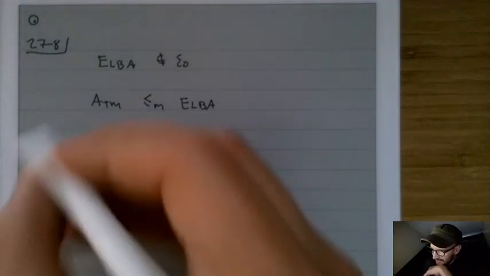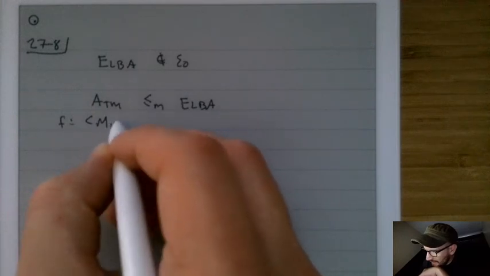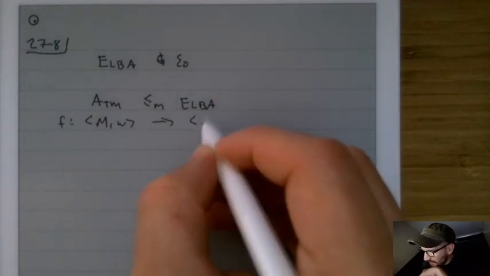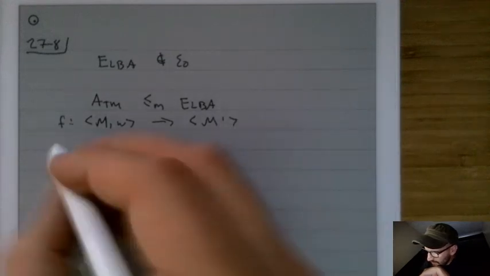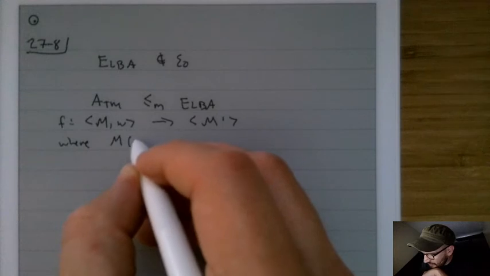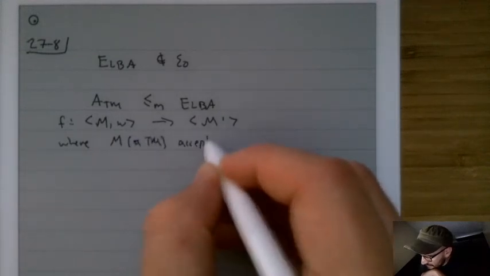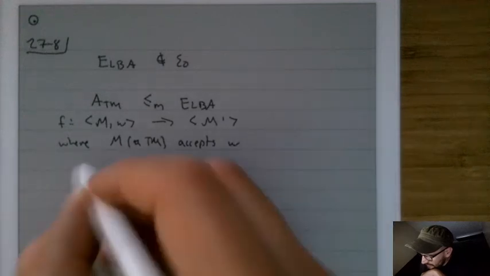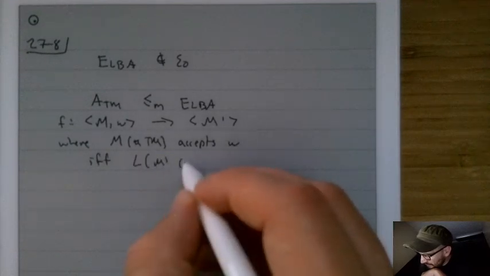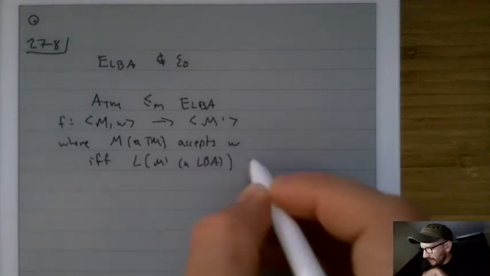That means that we're going to take as input an M and W, and we're going to return an M', where M, a Turing machine, accepts W if and only if the language of M', which is an LBA, is empty.